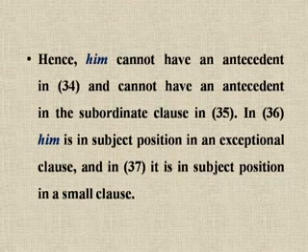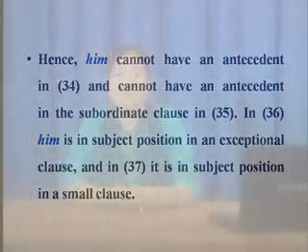In 36, him is in subject position in an exceptional clause, and in 37, it is in subject position in a small clause. Hence, the binding domain for him is the main clause in both, and consequently, it cannot have an antecedent within the sentence.